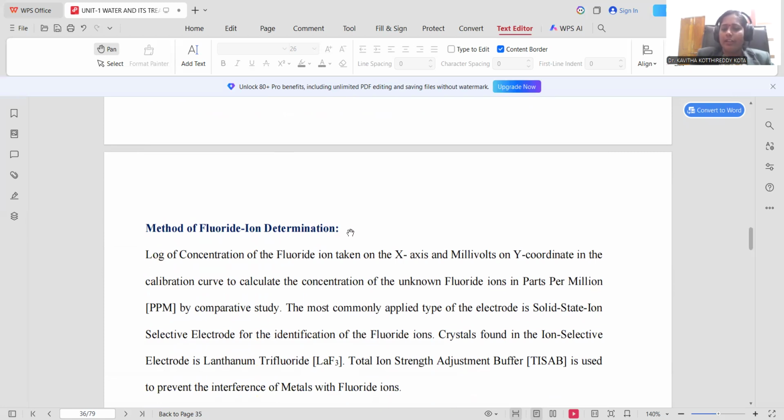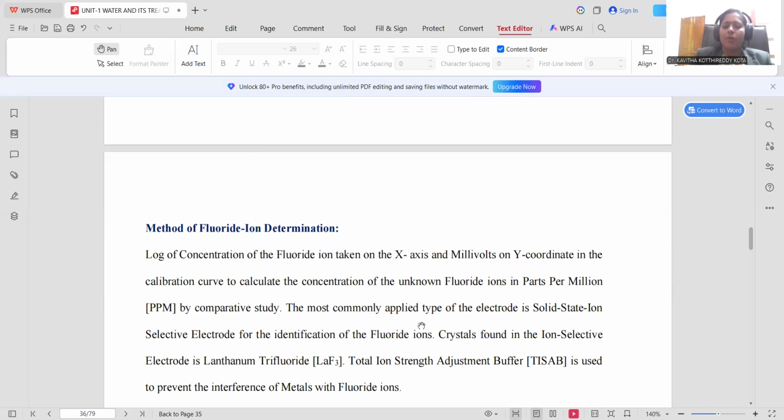Method of fluoride ion determination: the log of the concentration of fluoride ion can be taken on the x-axis, and the millivolt values measured on the potentiometer can be taken on the y-axis. The concentration of the unknown fluoride ion solution is also measured and plotted on the graph, so that you will get a straight line with a positive slope, with all the concentrations taken in parts per million values.